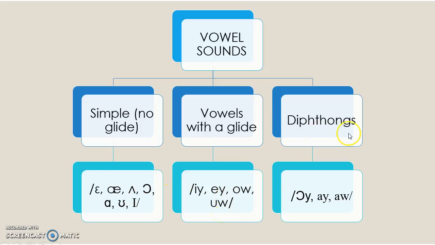And the third type of sound is the diphthong. A diphthong is also made up of a vowel sound and a glide. What is the difference between the second group and the third one? Well, the glide in the diphthongs is in a different position than the other sound. So we have to go to oi.